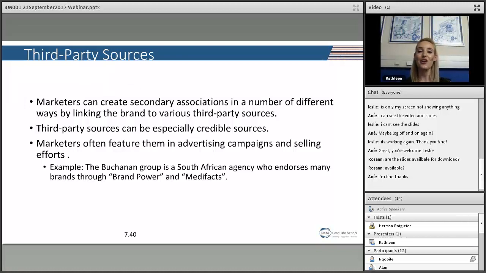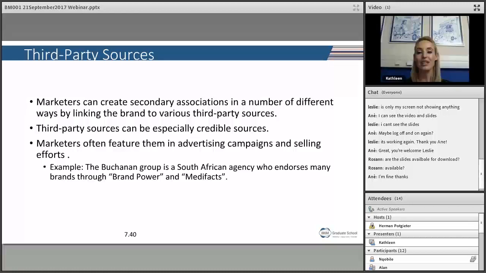Then looking at our third-party sources, often we will get a credible third-party source to say that they recommend our brand for some reason. And we often see this on toothpaste ads where they will say that a dentist recommends this brand of toothpaste. One of the best examples of third-party campaigning that we see on South African TV and print is the Buchanan Group.